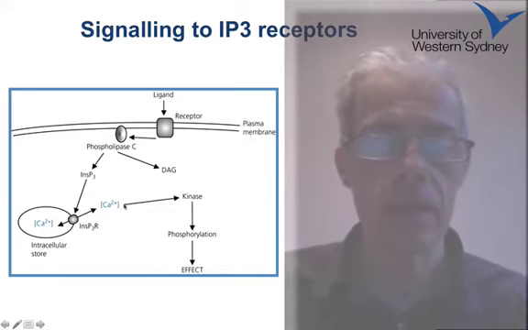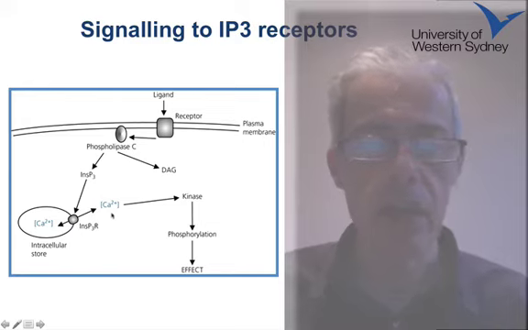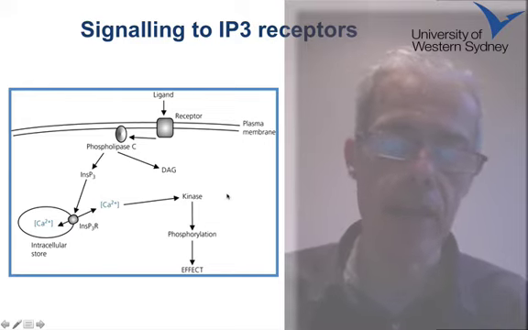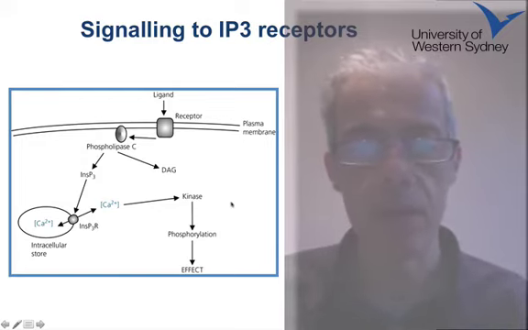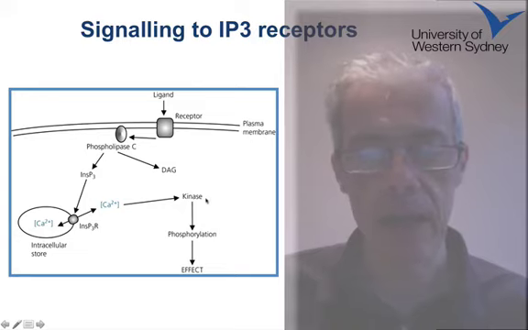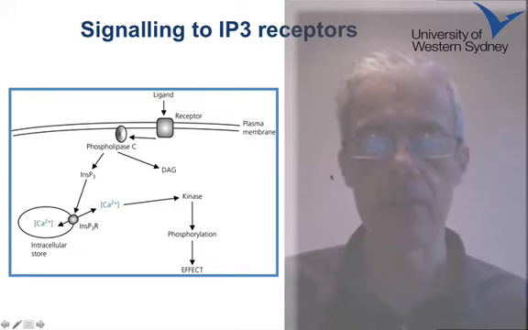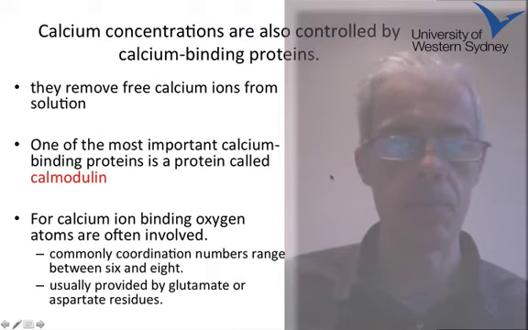And then these released calcium ions can modulate the activity of various kinases, typically through calcium binding proteins such as calmodulin, to cause activation of kinases and thus their effect in the cell.